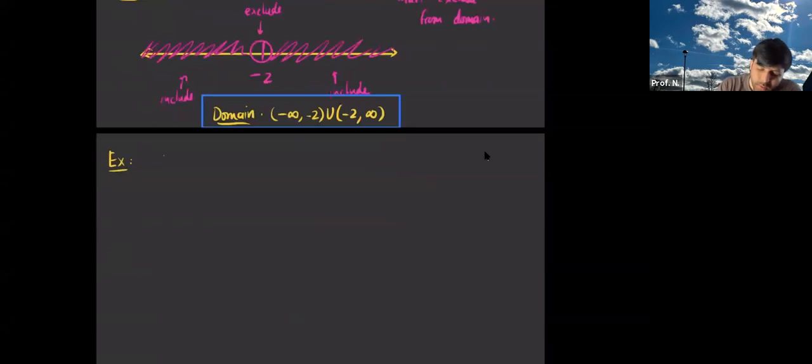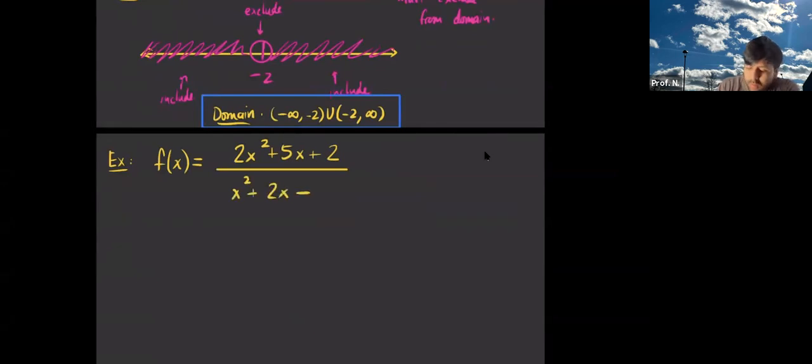Okay, what if I give you another function, f of x? My function here has 2x squared plus 5x plus 2, and I'm dividing that by x squared plus 2x minus 3.